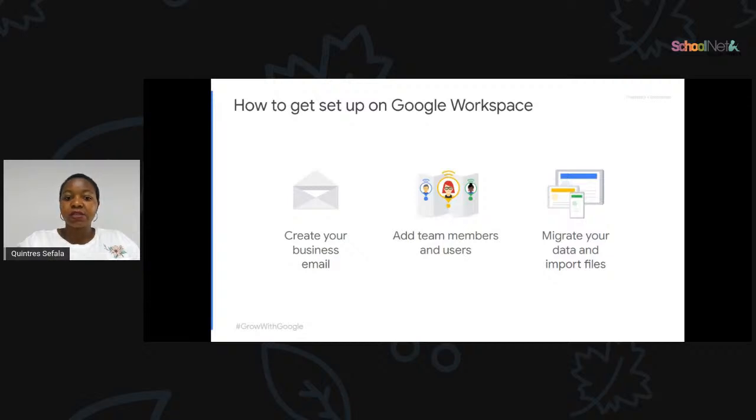This is for your customers to contact your company, or you can add your business address, which would be you@yourcompany.com. Your customers can send messages to info@yourcompany.com and they also arrive at you@yourcompany.com. So you could be quintress@yourcompany.com and info@yourcompany.com, right?